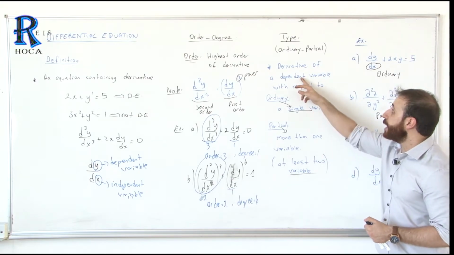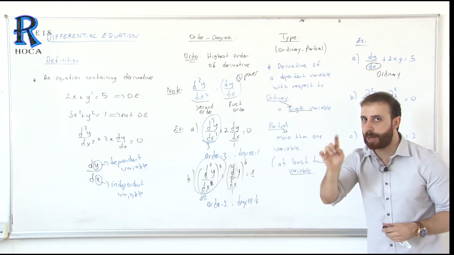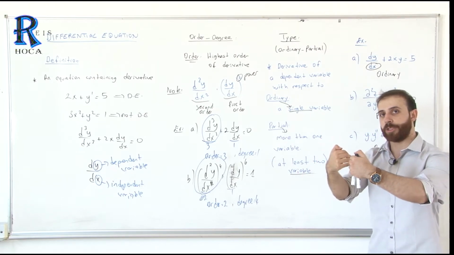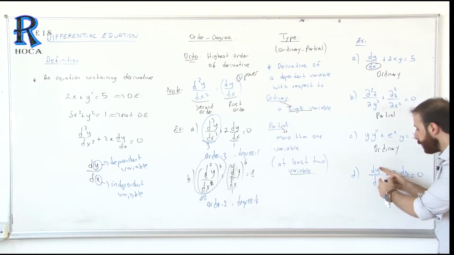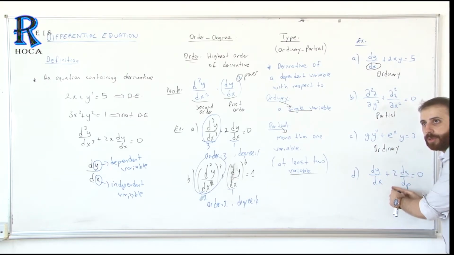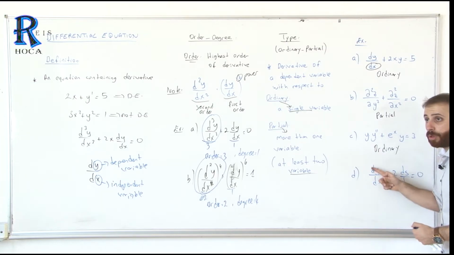What do we say? The derivative of the same variable with respect to one variable or with respect to more than one variable. y with respect to x. Is there any y with respect to another variable? No. Variable with respect to a single one. For y, there is no other. That's why this is ordinary.